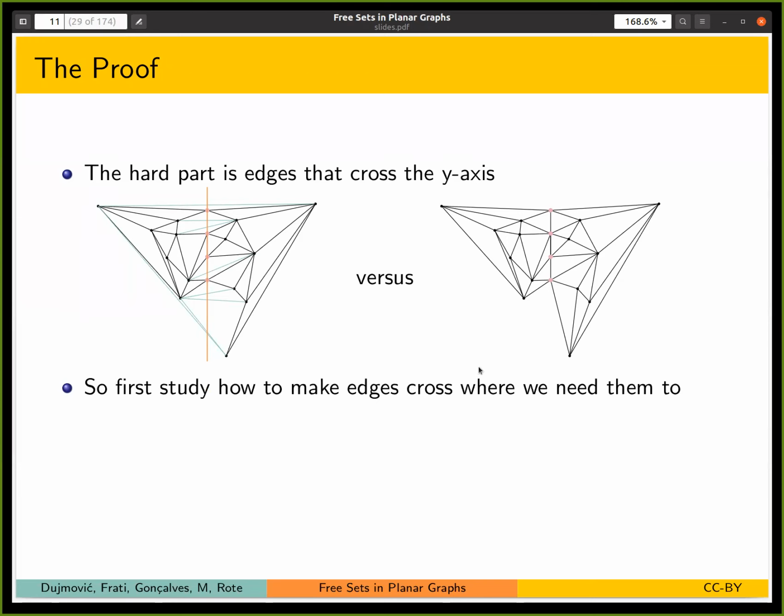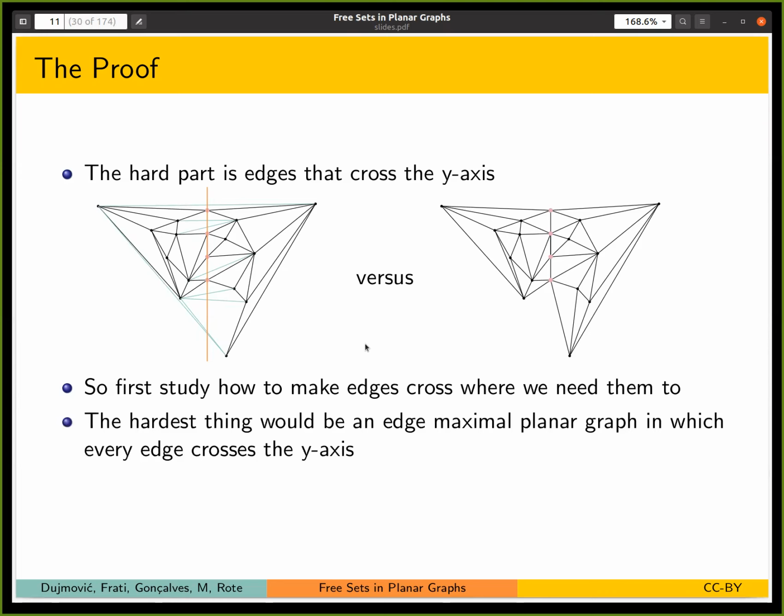Okay, so if that's the hard part, let's first study the hardest part, which is trying to make edges of our graph cross the line exactly where we want them to. So we make the problem harder. Instead of saying that vertices have to be at specific locations on this line, we'll say that the edges which cross the line have to cross at specific coordinates.